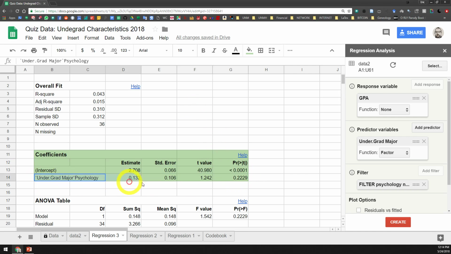We always want to focus on this line right here. 0.2229 is clearly above our new alpha of 0.025. So we're going to retain the null hypothesis that these two groups, psychology and no major declared students, are equivalent.